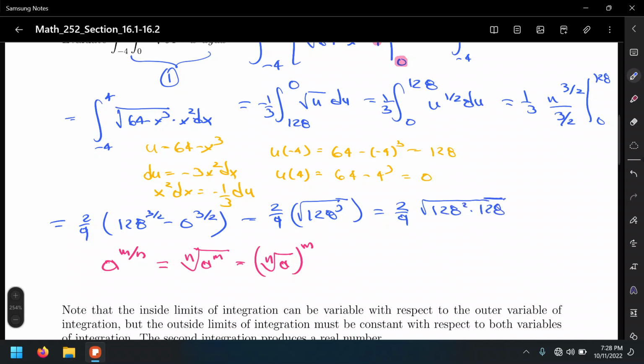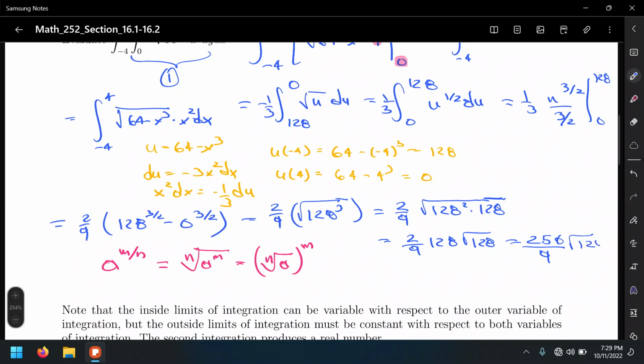And in this case, we may just go about factoring out the perfect square, which gives 128 root of 128, which in this case is 256 over 9, 128 root of 128.